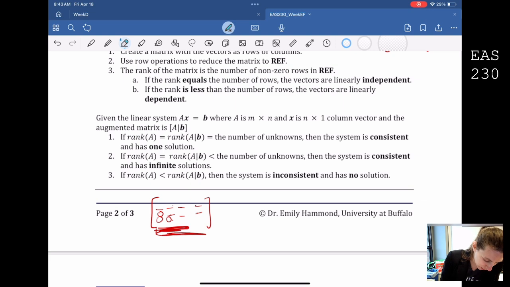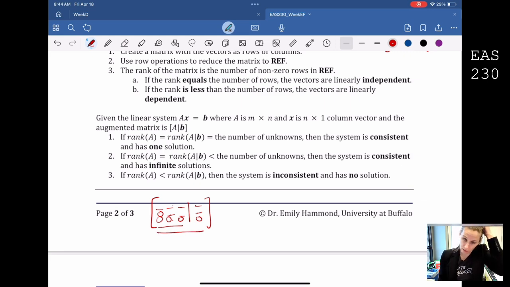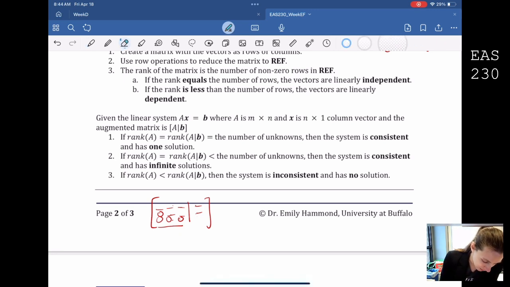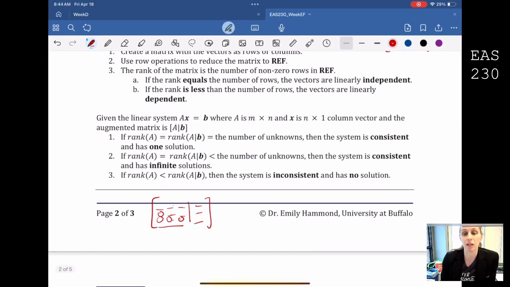However, sometimes we also had zeros that showed up on the bottom. So the rank of A, this side, would be 2. The rank of AB, both sides would also be 2. And then lastly, we also had this situation where we had zeros that only showed up on the A side and not on the B side. So the rank of A here is 2 and the rank of AB is 3.